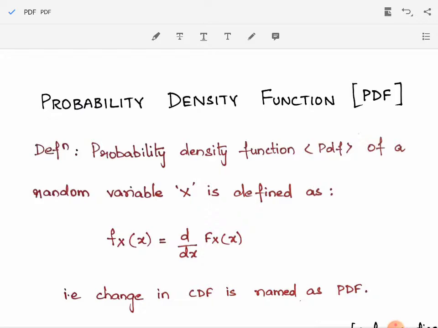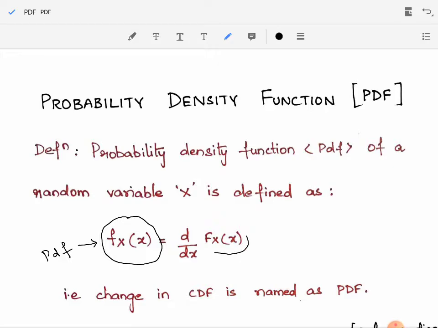PDF of a random variable capital X is defined as fX(x) equal to d by dx of FX(x). So if you see, the small fX(x) represents the probability density function of the random variable X corresponding to the independent variable small x.